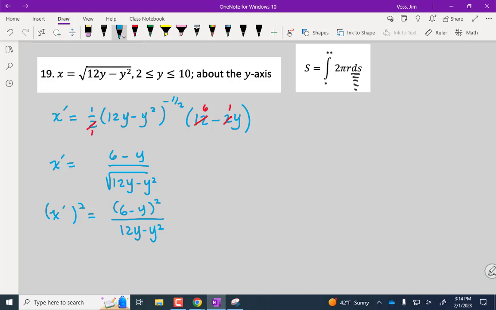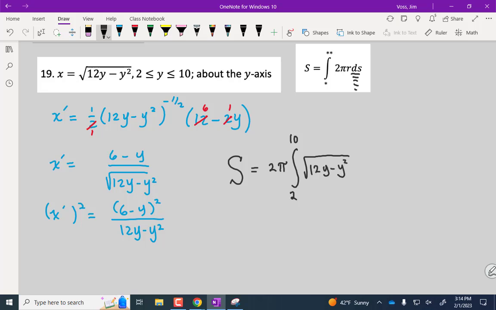Now we can build the surface area formula. So capital S, 2 pi r, so 2 pi factors to the front. We are told the limits of integration are 2 and 10. R, right there, the radius, is just the function. That's measuring the distance to the y-axis, the axis of rotation.